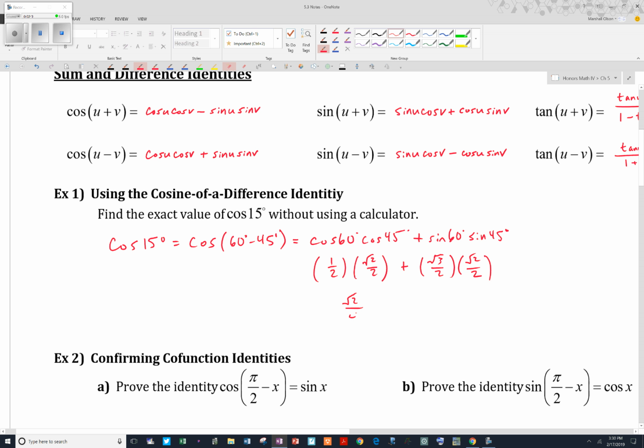Numerator times numerator, denominator times denominator. You can multiply radicals together as long as they're the same type of radical. They're both square roots, so we can multiply them together. Oop, there should be a 4 here. And then we will combine this into one expression at the end because they have a common denominator. So that would be the cosine of 15 degrees as an exact value.